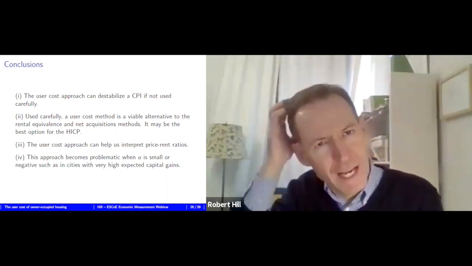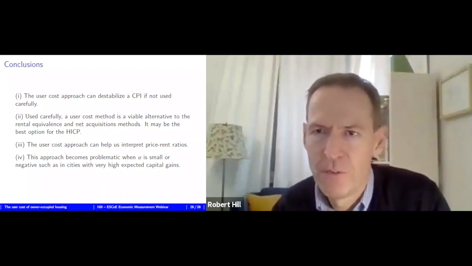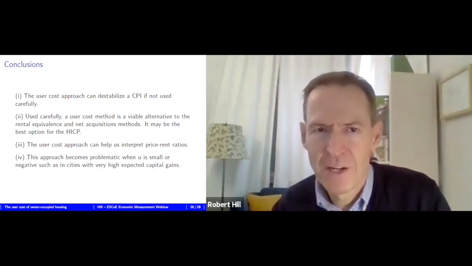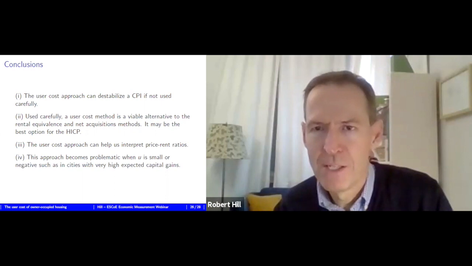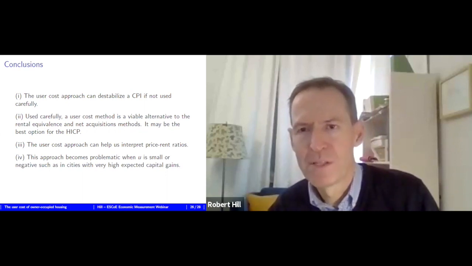But the actual mechanics, I'd have to look at the actual mechanics of how that method works. So as I understand it, the idea would be that the whole mortgage payment would be included, not just the interest on the mortgage. But I'd need to think more about that. It sounds like some kind of variant on a user cost method.